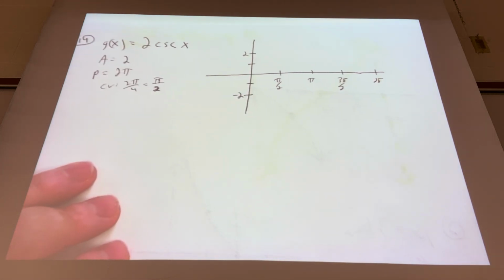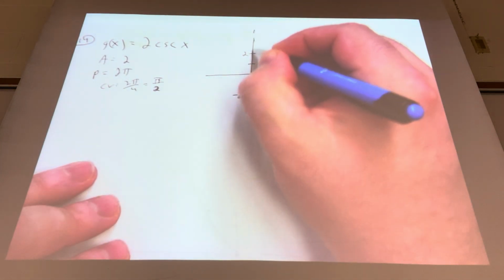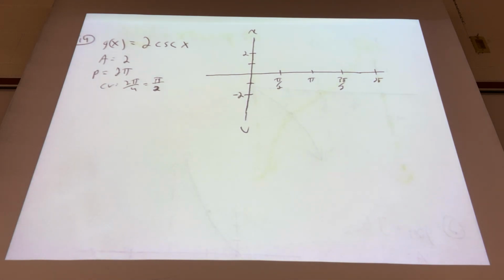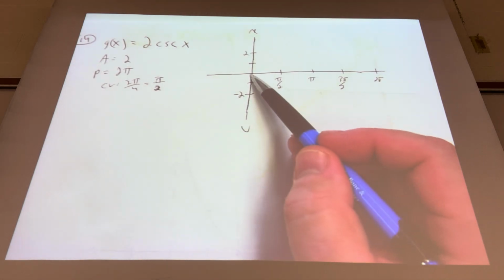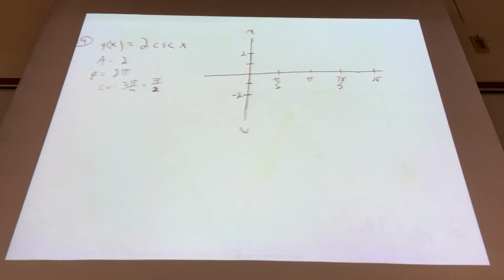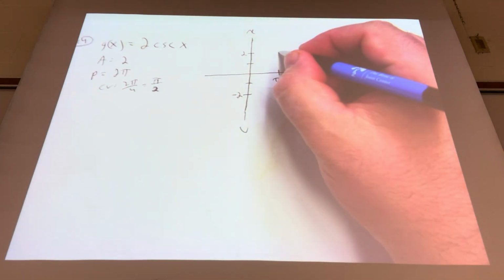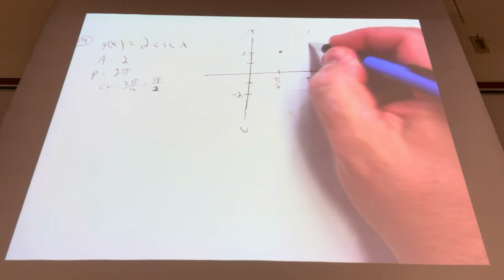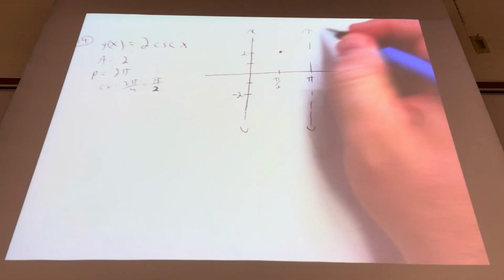How does cosecant start? Undefined. Remember, think about cosecant relates to sine. Sine starts at 0, so reciprocal would be undefined. Then what would we do? The upward. Undefined.